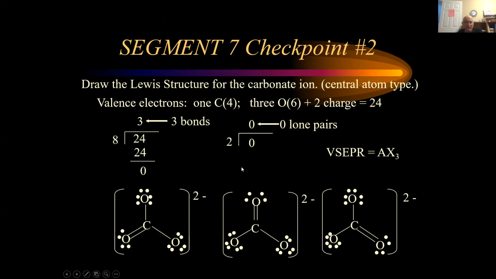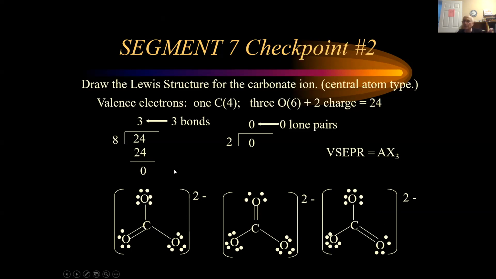But in reality, carbonate has 3 bonds that are equal in distance. So what we can imagine is that all 3 of these add together, and the real structure is 1/3 this structure, 1/3 this structure, and 1/3 this structure. So essentially, in the real molecule, that extra pair of electrons is distributed over all 3 atoms.